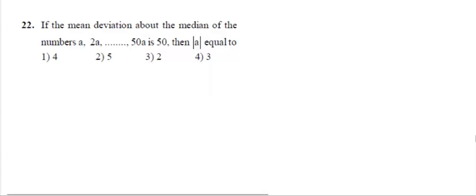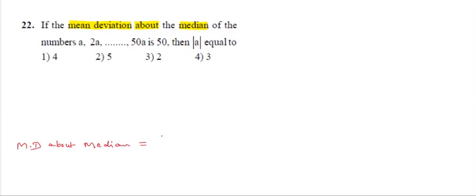If the mean deviation about the median of the numbers... mean deviation about mean, median or mode uses the same formula only. If it is about the mean, there we write the mean. See here, what is the formula for mean deviation about median?